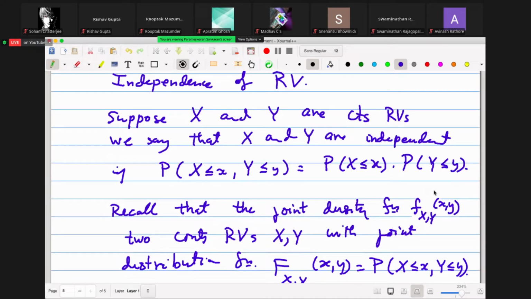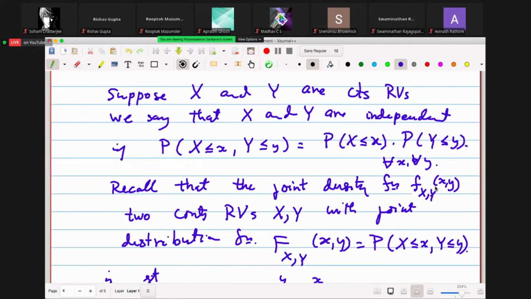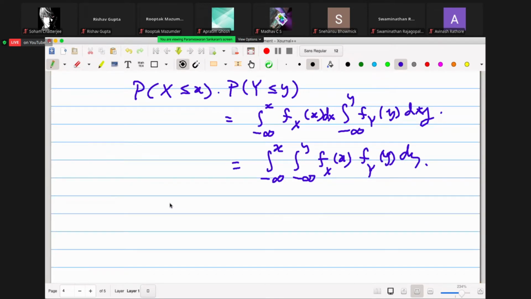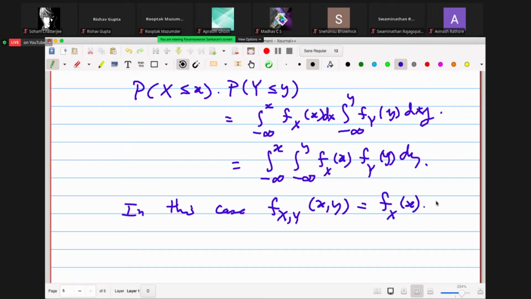So this is true for every x and every y. I will not prove this, but in this case f_XY of x comma y is equal to f_X of x times f_Y of y.